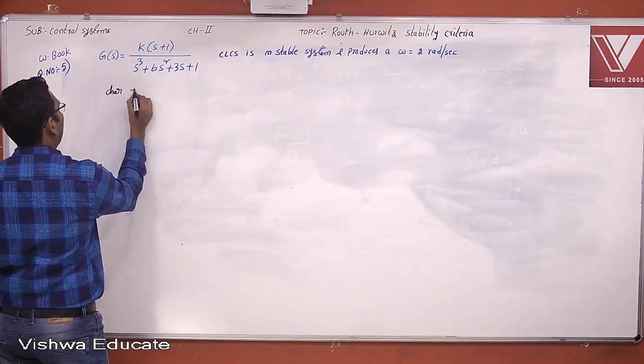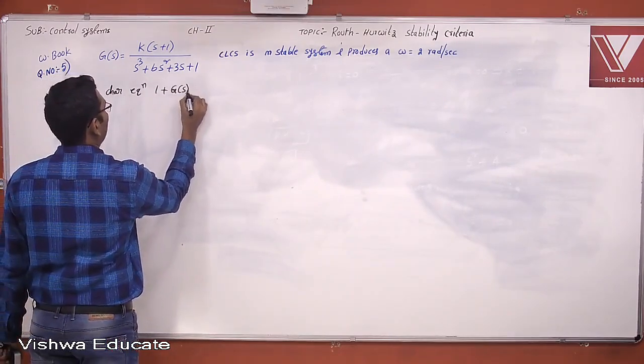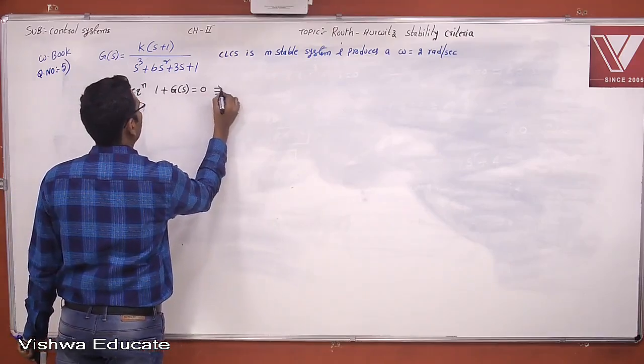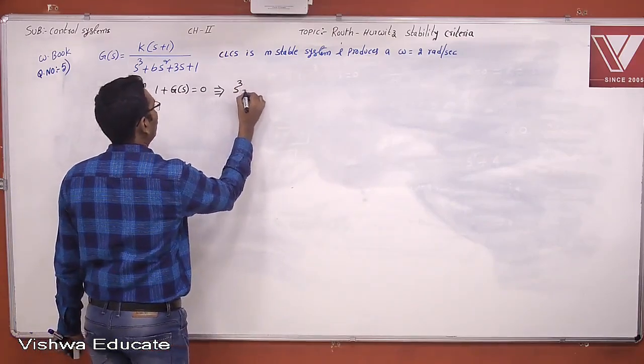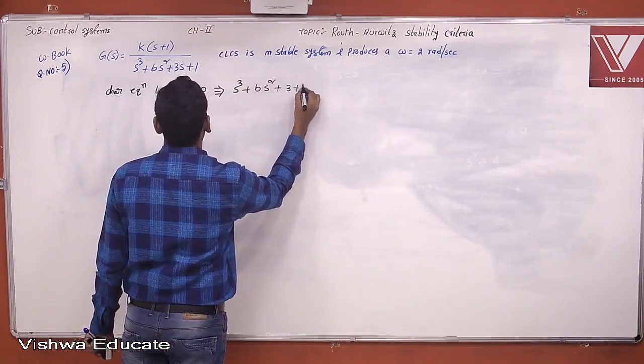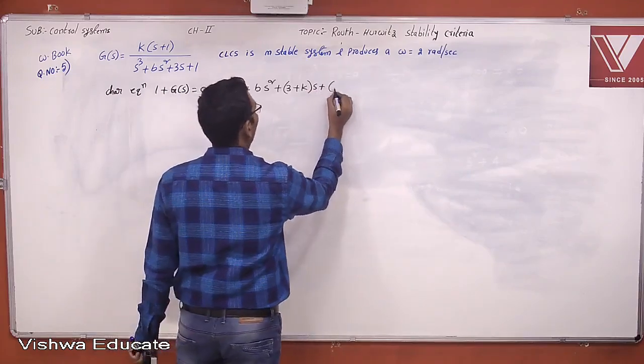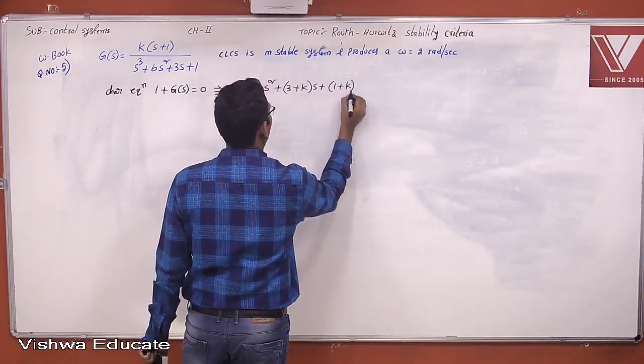Now this is the characteristic equation, which is 1 plus G of s equal to 0. So s cube plus b s square plus (3 plus k) into s plus (1 plus k) equal to 0.